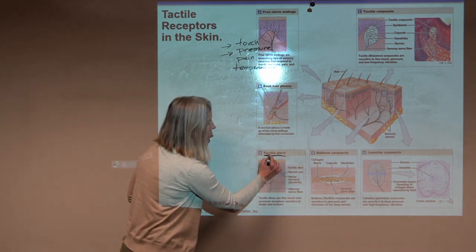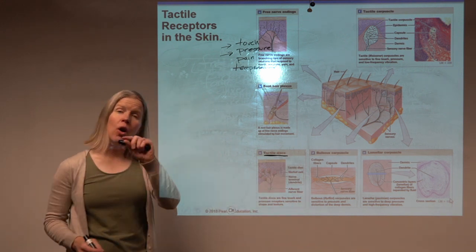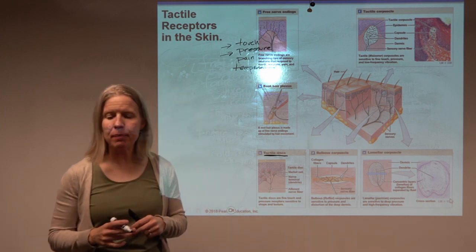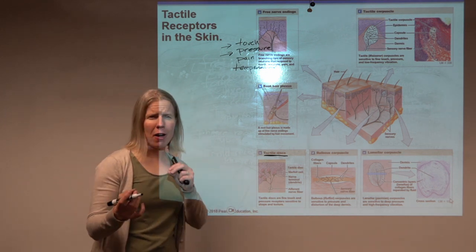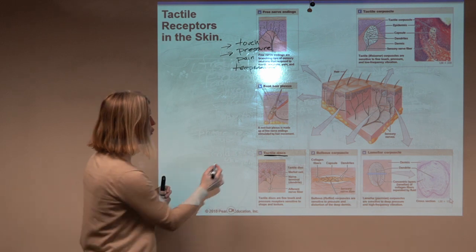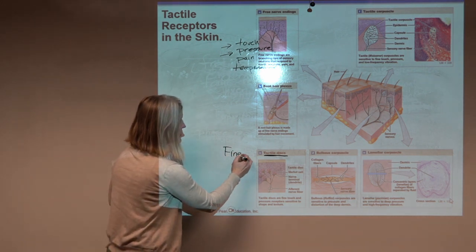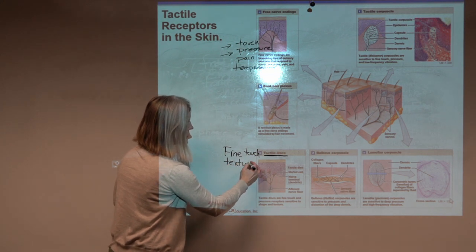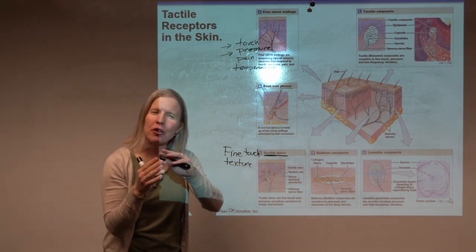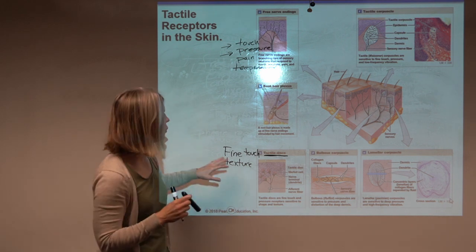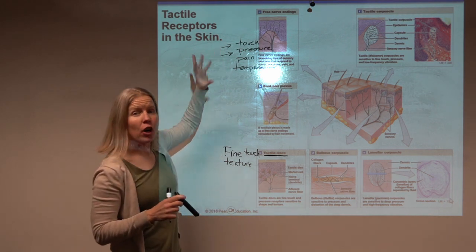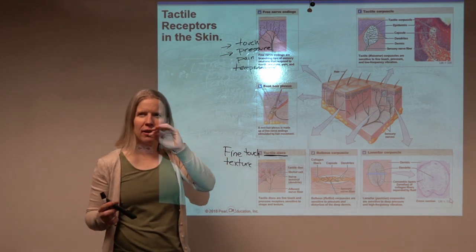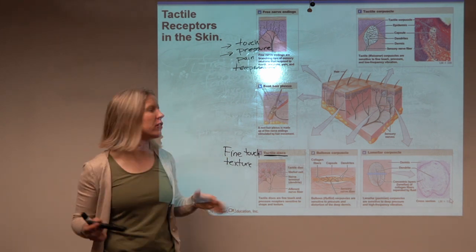We saw that in the stratum basale of the integument. This gives us much more information about fine touch and texture. Picture rubbing the surface of an orange and feeling the dimples. That would give us the actual feeling of the surface of the skin of that orange.